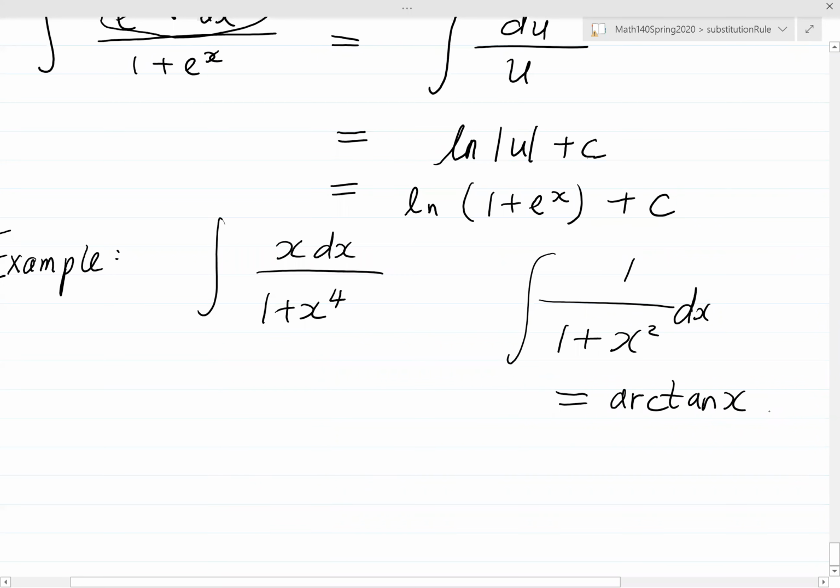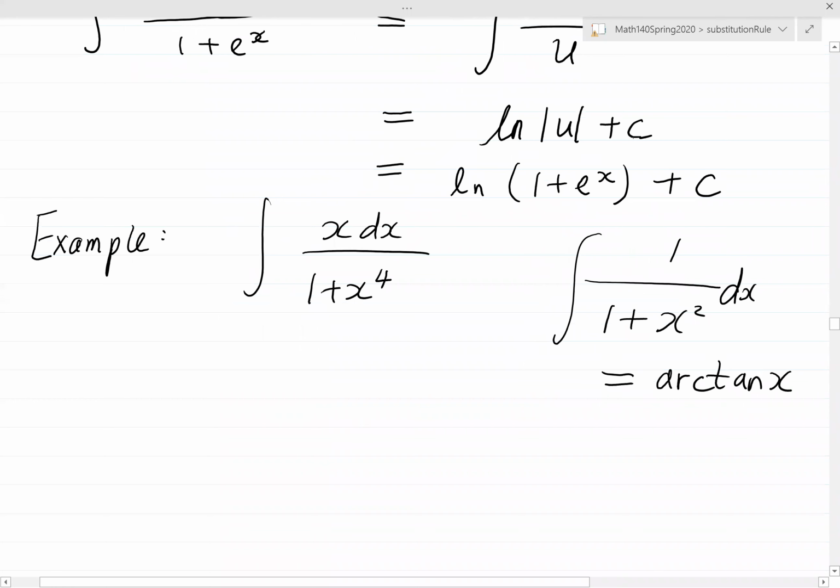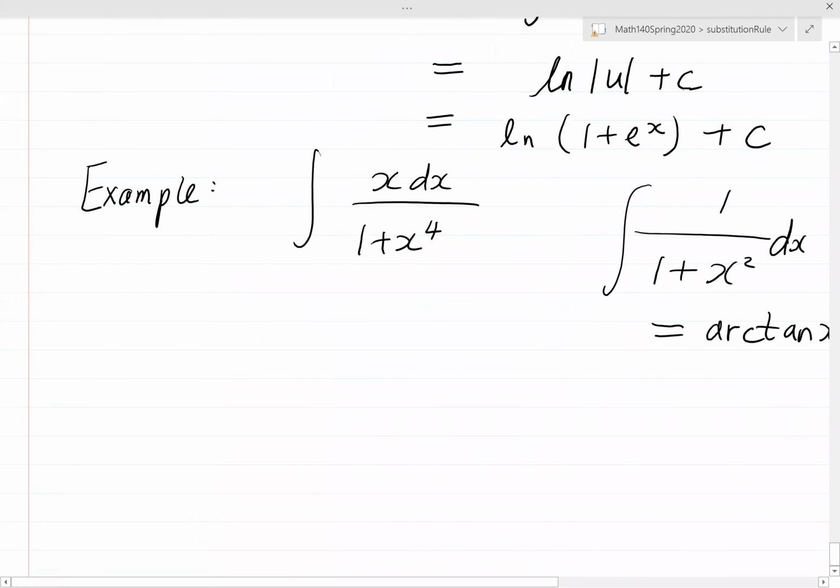Now if you compare, this is degree 4, and what we know is degree 2, 1 over 1 plus x squared. How do we turn a power 4 into a power 2? What substitution can we use?